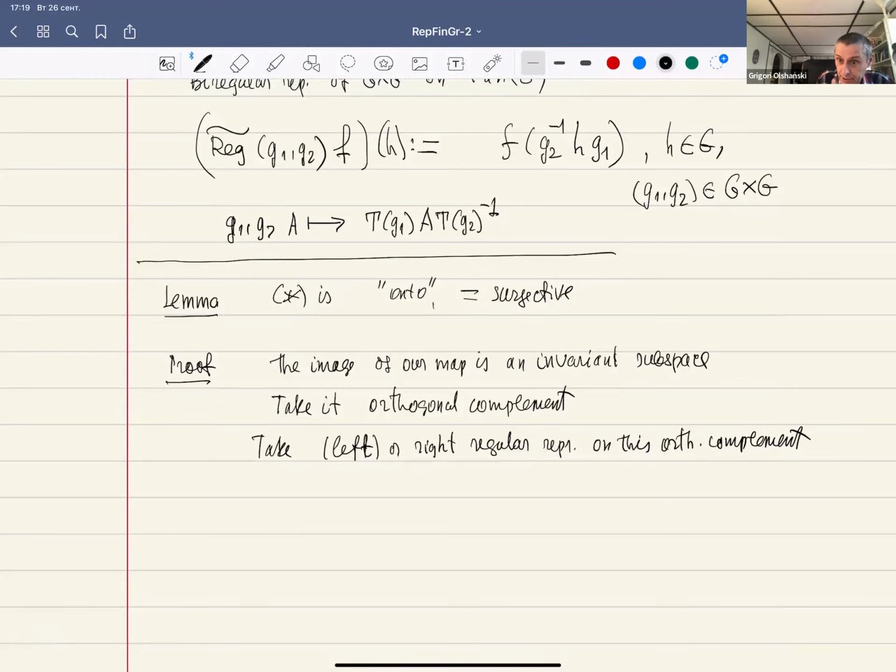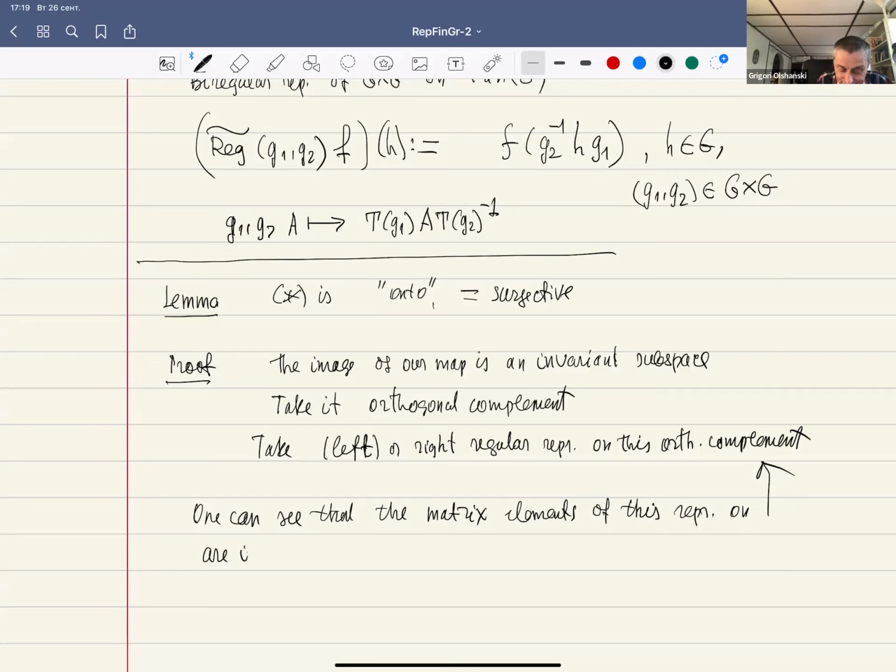one can see that, to verify this, the matrix elements of these representations on this space are inside this space.